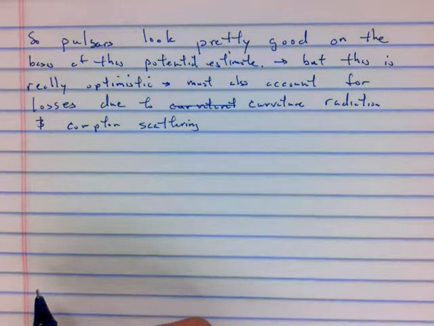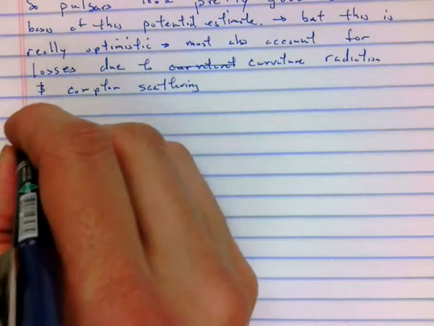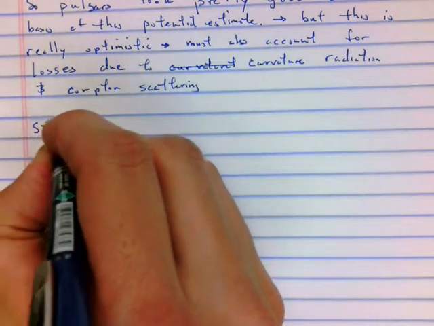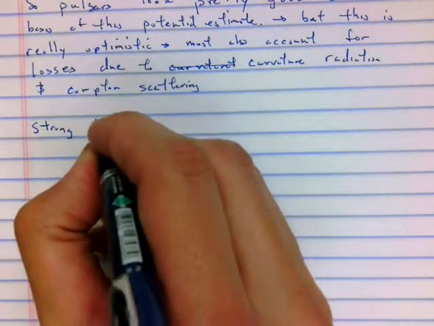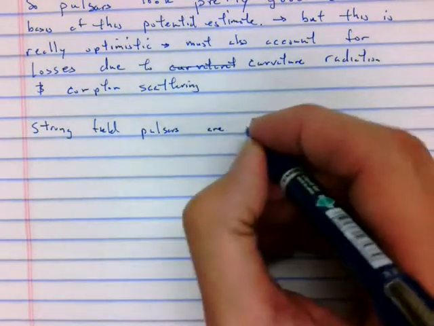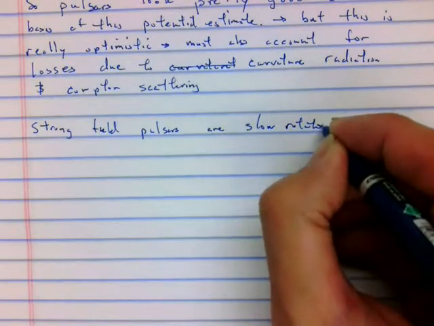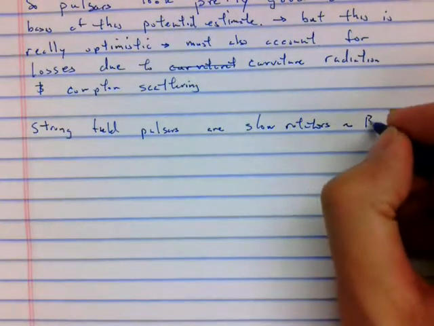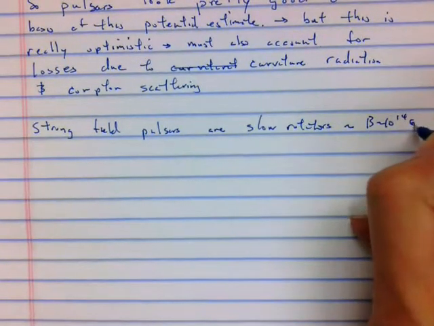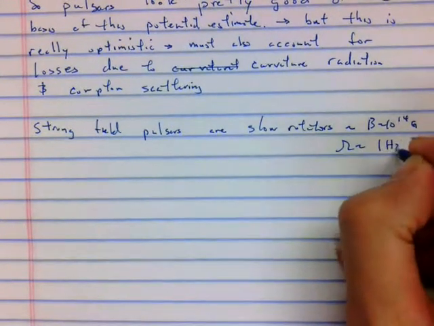Now, the other thing I should note is that strong field pulsars are slow rotators. So typically B of 10 to the 14 gauss might have an omega of maybe 1 hertz.